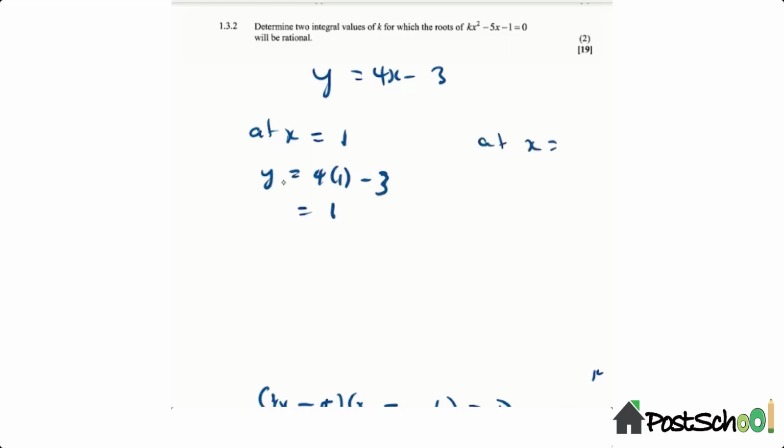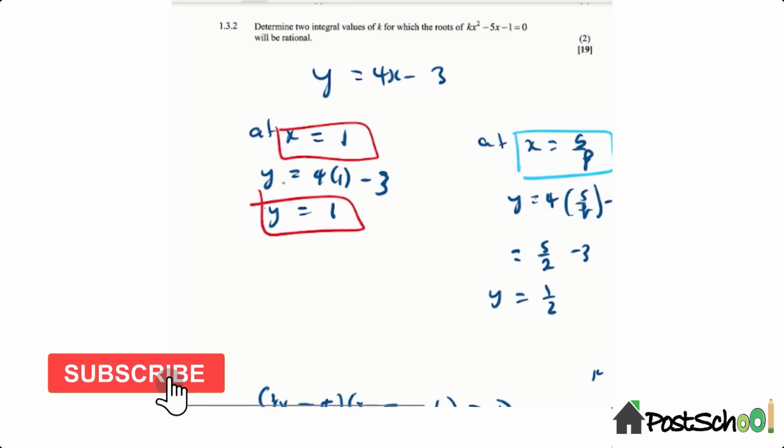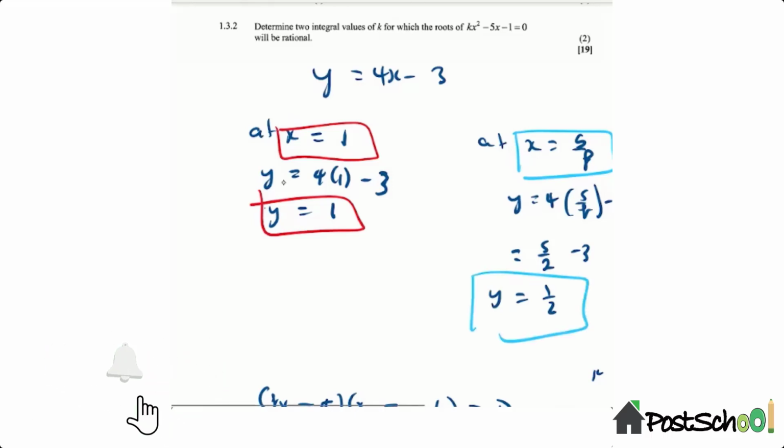At x equals 5 over 8, y is going to be 4 times 5 over 8 minus 3, which is going to be 5 over 2 minus 3. 5 over 2 minus 3 is going to be negative half. So these are the values. When x is 1, y is 1. Then when x is 5 over 8, y will be negative half.